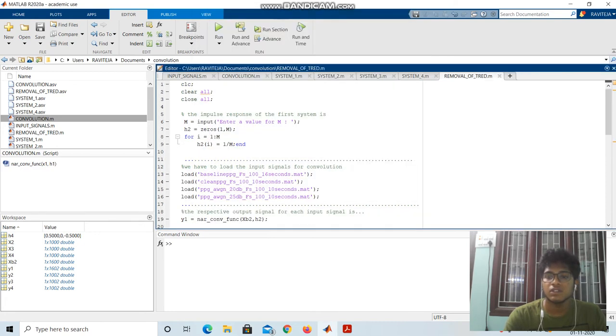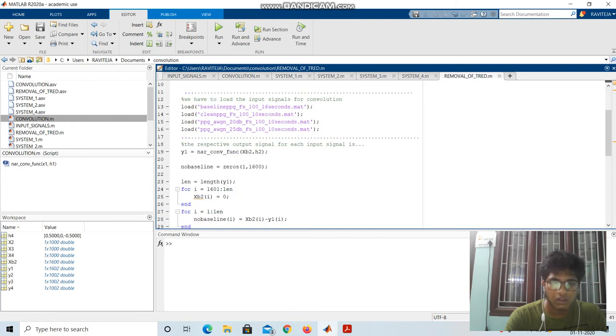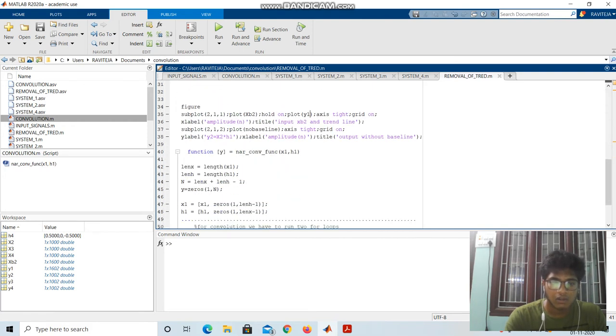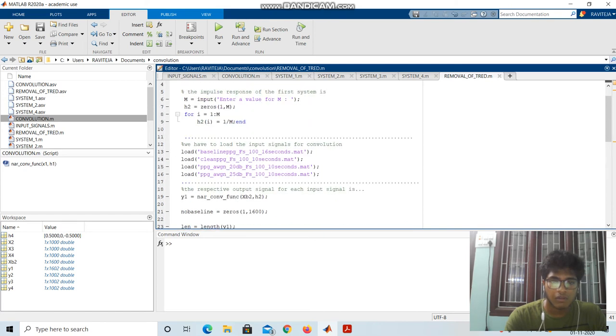The next question is removal of trend. For removing trend, the formula is y equal to the input signal minus the signal which is obtained after convolution with the impulse response of the given system.